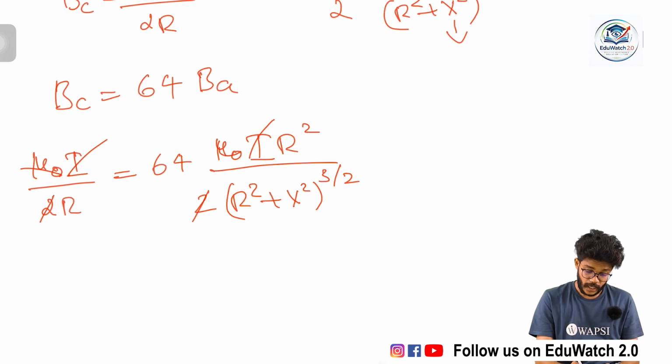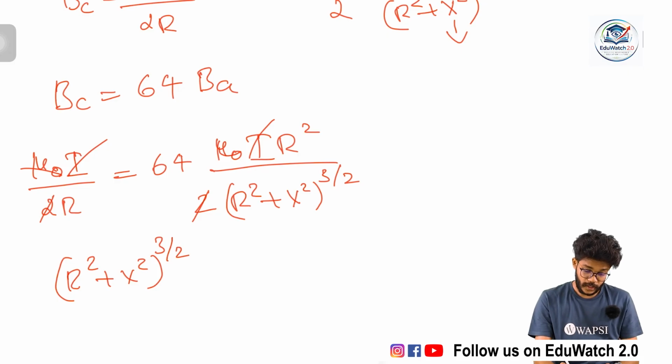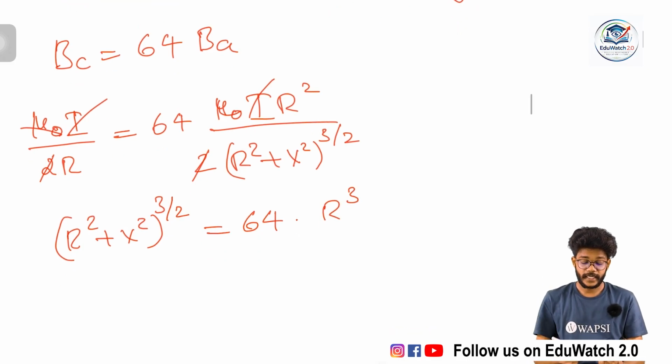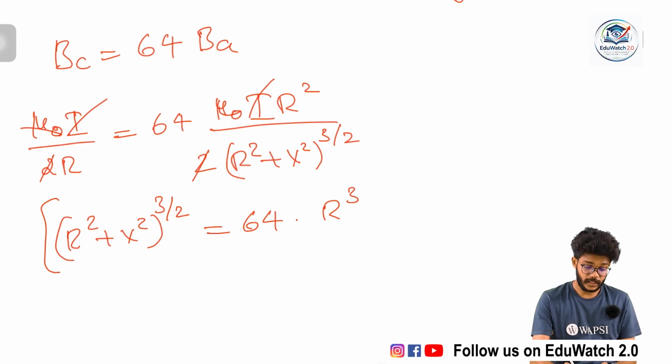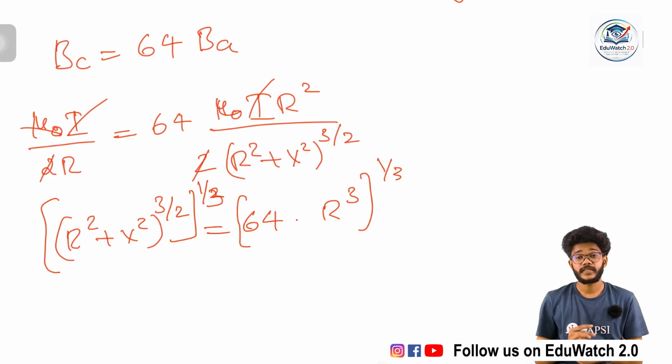Okay, so (r² + x²) raised to 3/2 is equal to 64 times r³. Taking the 1/3 power on either side of the equation, we can cancel the cube powers.